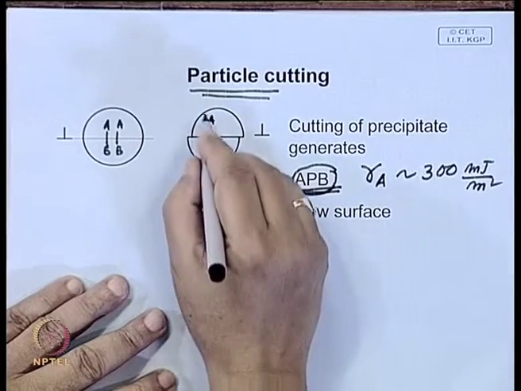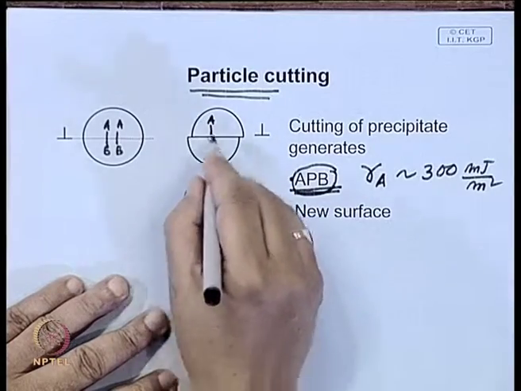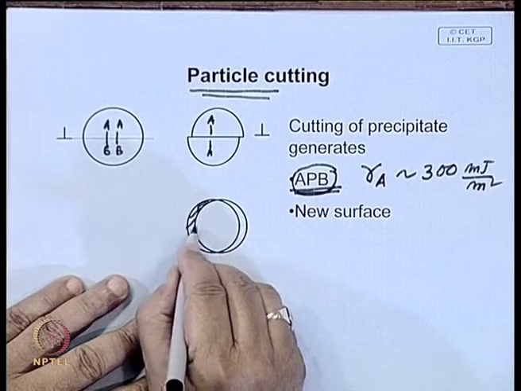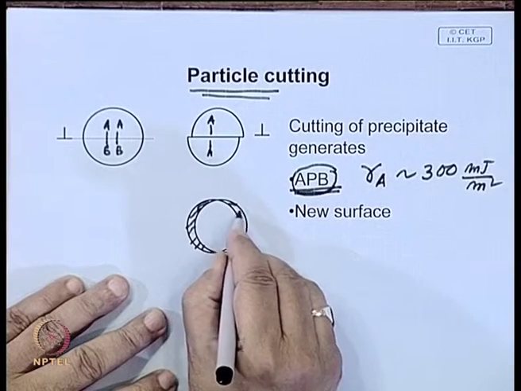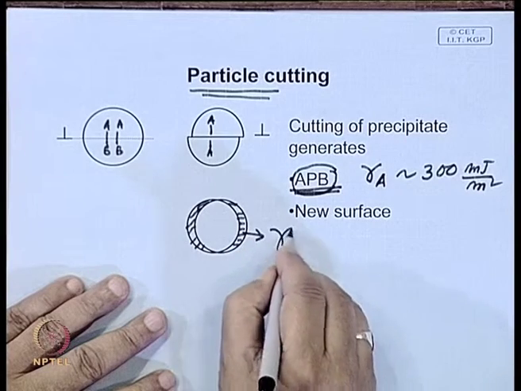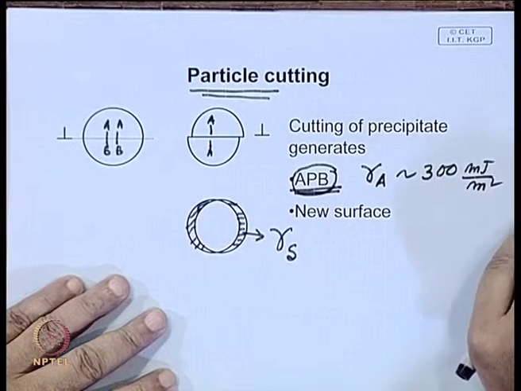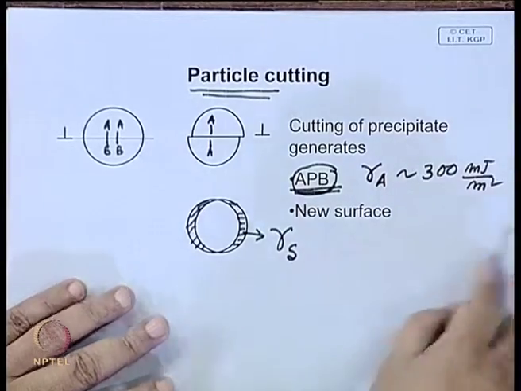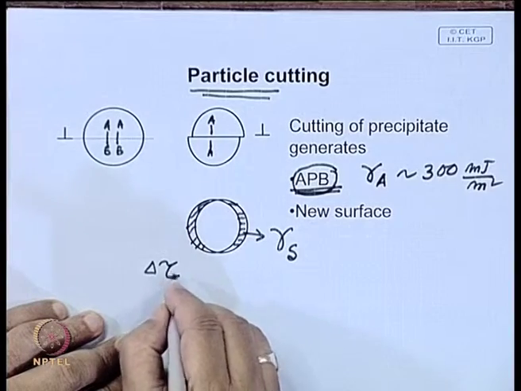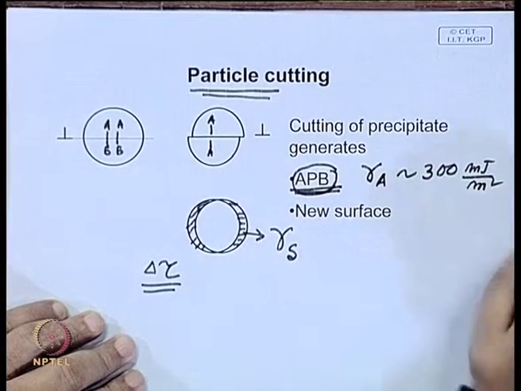Secondly, whenever this process of shear takes place, you have a new surface created. This will have another energy, the surface energy. So for this to happen, you have to apply some amount of additional shear stress.